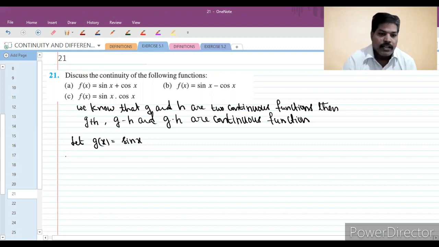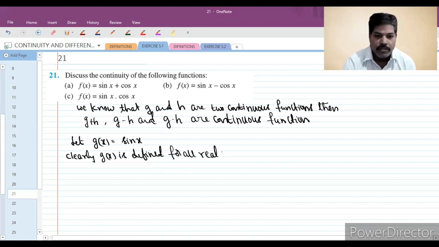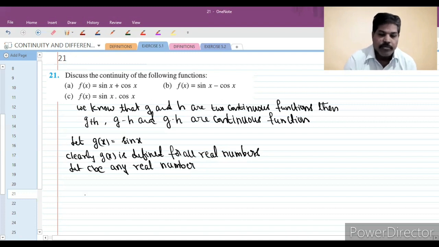Clearly g of x is defined for all real numbers. Let c be any real number.